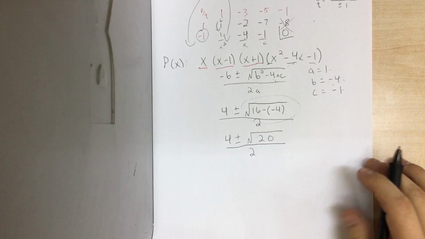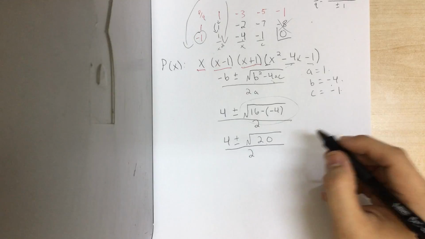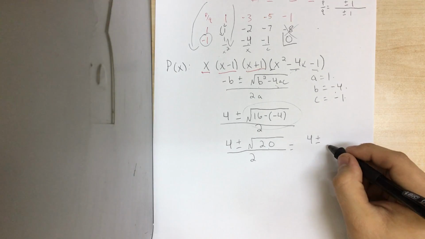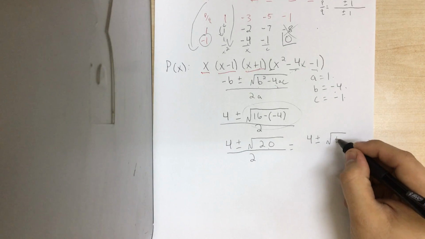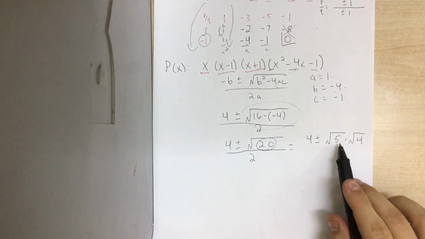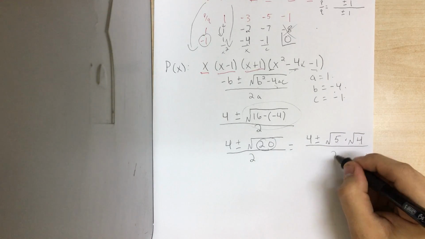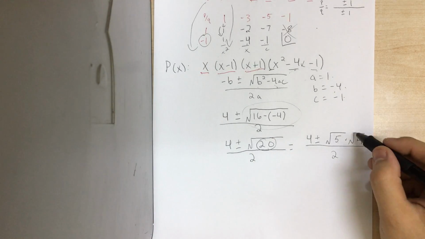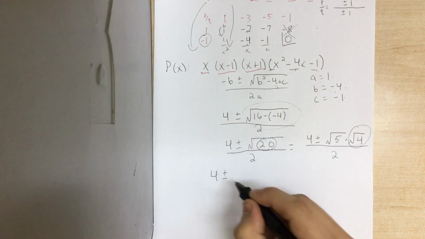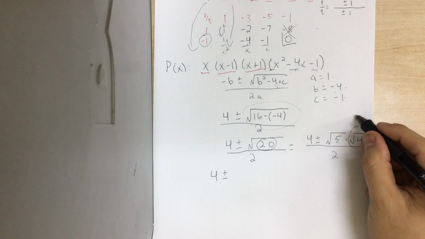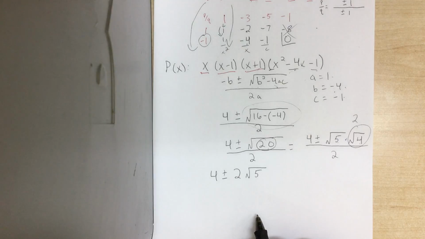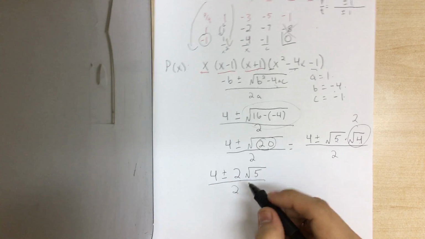Okay, so we can simplify this radical again. So this is 4 plus or minus the square root of 5 times the square root of 4. We're breaking this 20 up into a product, all over 2. And we can simplify the square root of 4. So we get 4 plus or minus 2 square roots of 5, and that's all over 2.